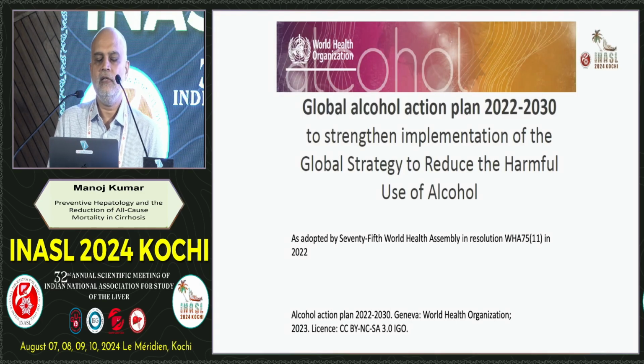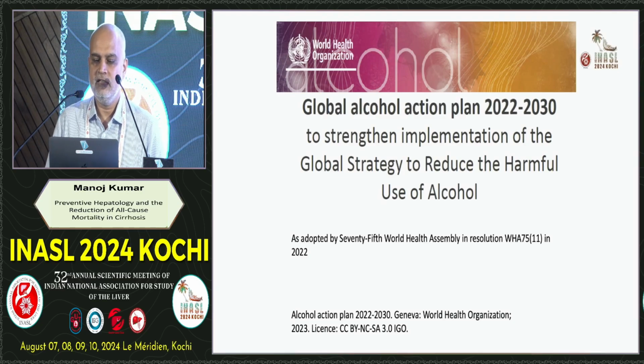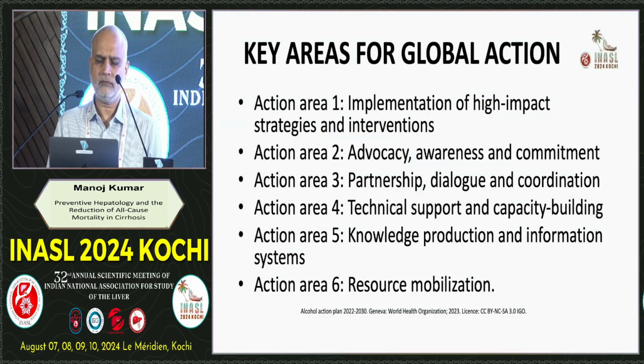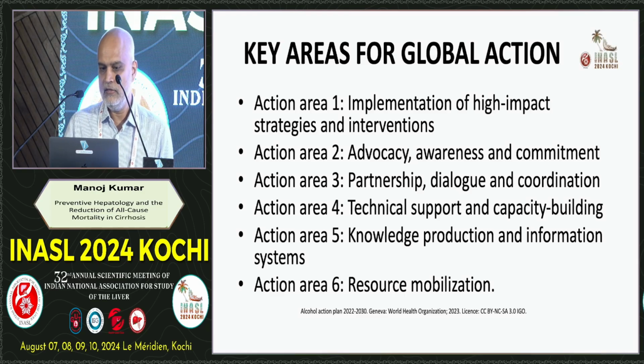As far as alcohol is concerned, WHO has again published a Global Action Plan for 2022 to 2030, which gives 6 key areas focusing on strategies, advocacy, partnerships, capacity building, knowledge production, and resource mobilization.